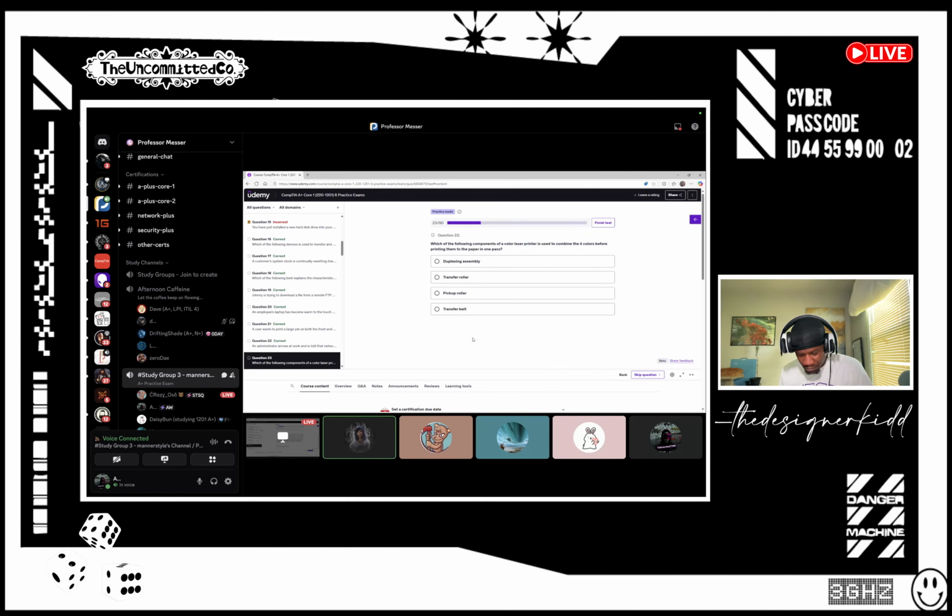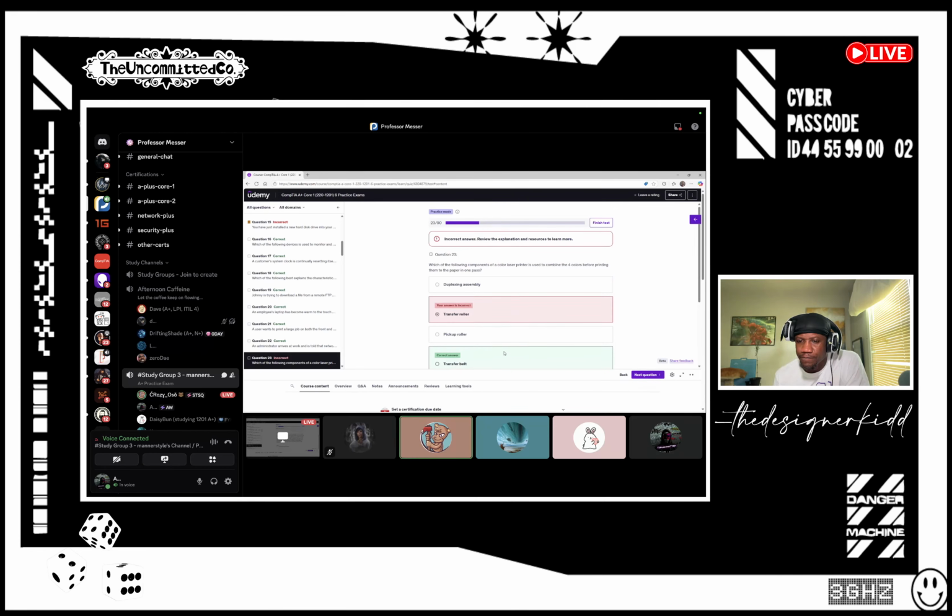It's been a long time since I took this exam. I took the previous version. Yeah, this one I'm not sure. I think I got most of the printer section. I think it is either B or D, but I don't know. Let's pick something. We know it's something with the transfer, but let's go transfer roller. Oh, it's the transfer belt.